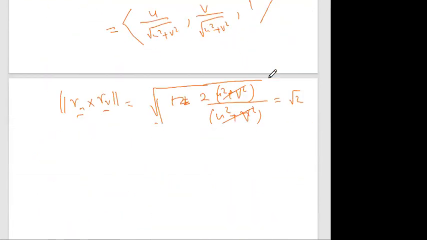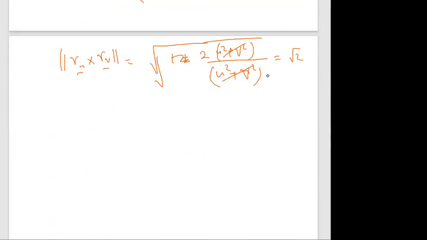The surface is square root of x squared plus y squared, minus z equals 0. So this is a function of x, y, z, a level surface, not a level curve. How do you find the normal vector to this level surface? Find the gradient.